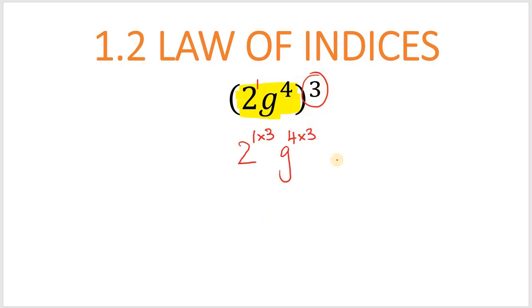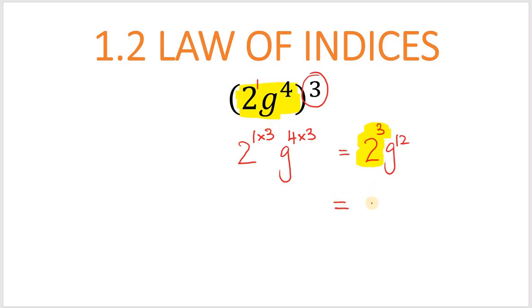So that means this is equal to 2 power 3, g power of 12. And then 2 power of 3 is in index form. When we write down algebra terms, we don't just leave our coefficient in index form. We must change our coefficient.